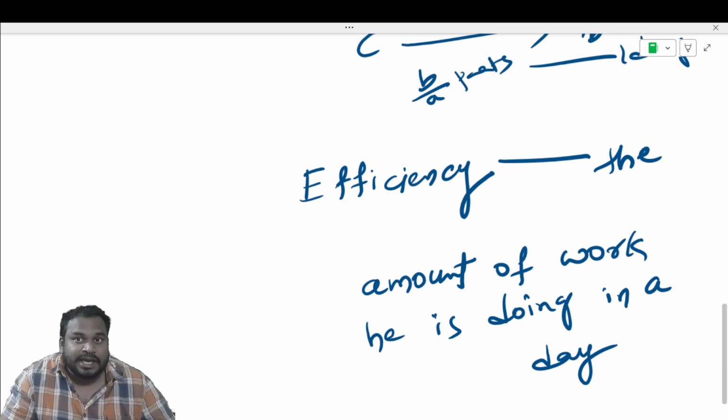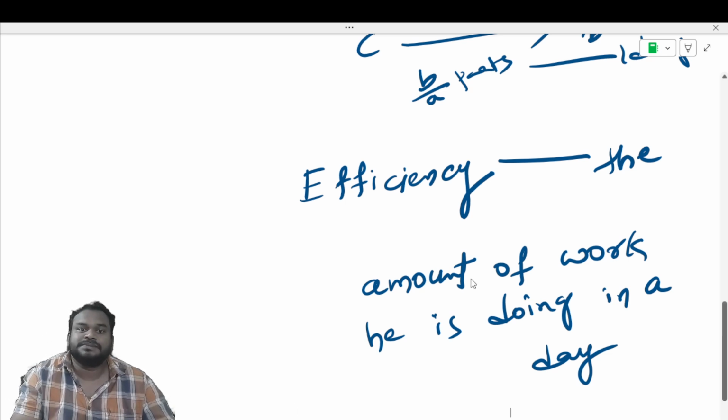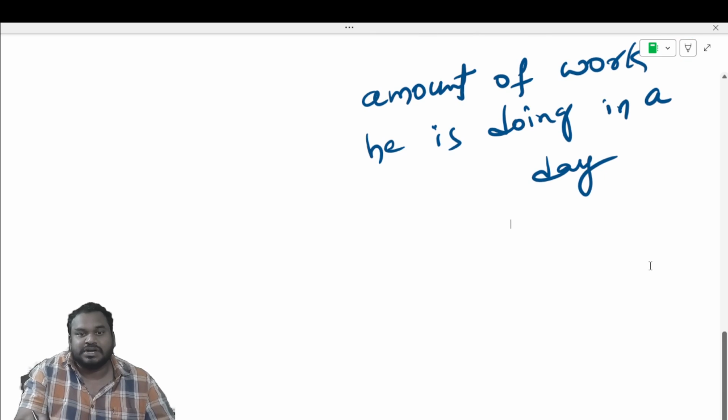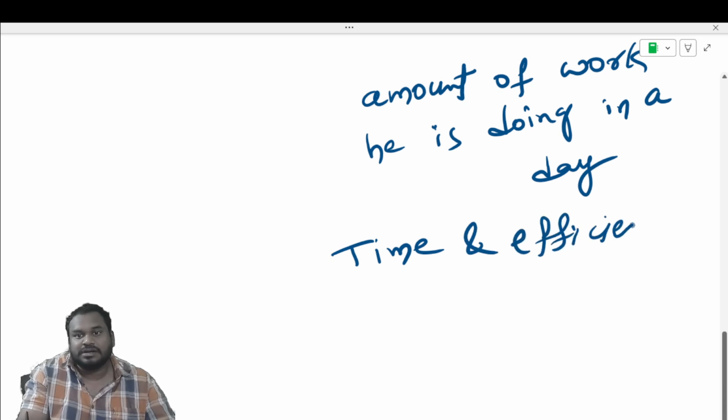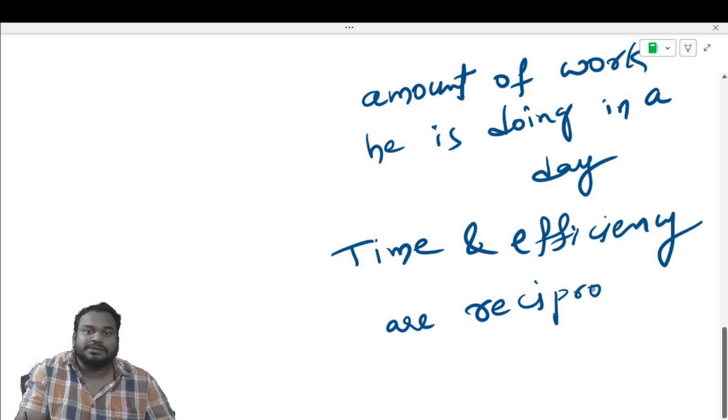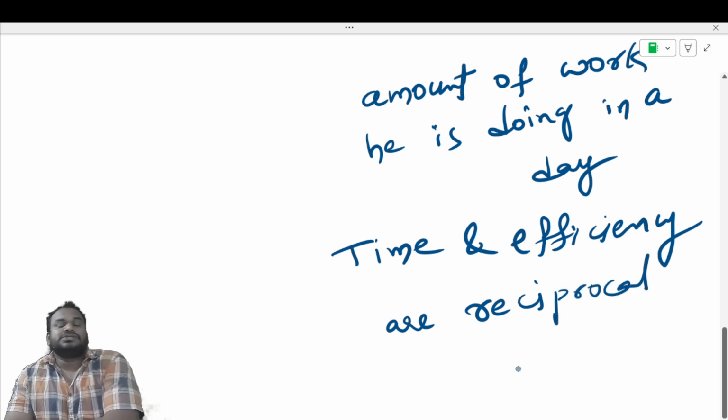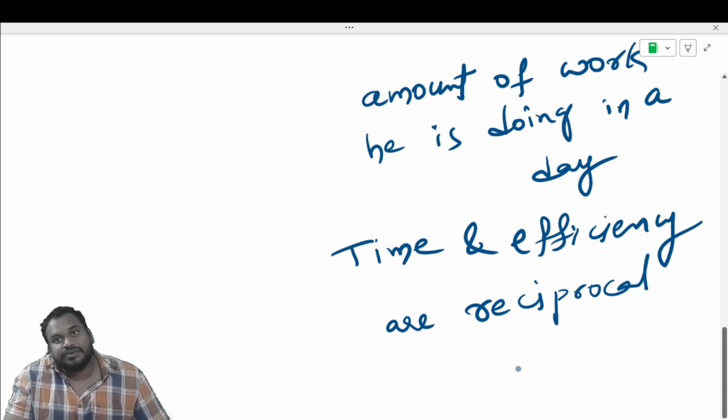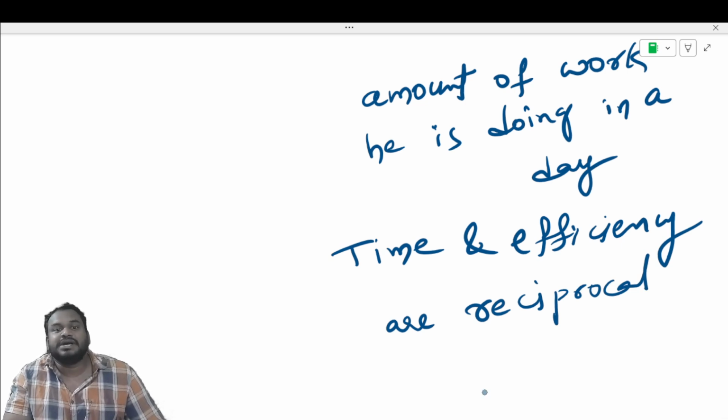Okay. Efficiency and time are reciprocal. Reciprocal means if he takes 10 days of work, then 1 by 10 is his efficiency.